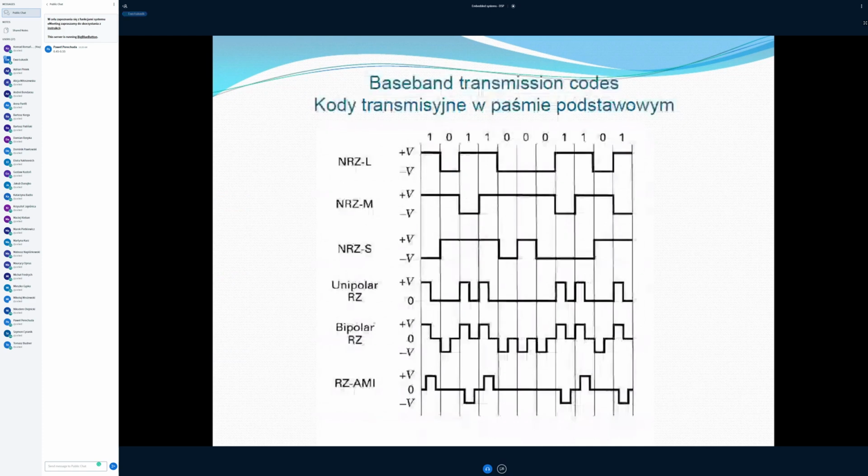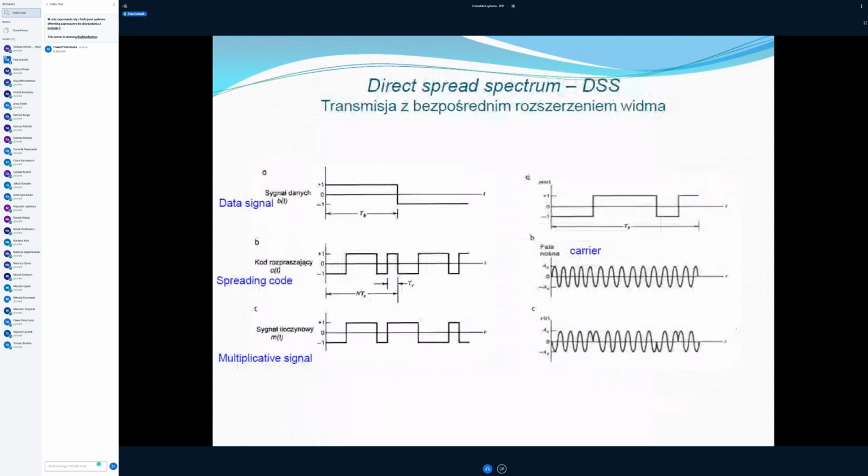Why? Now I will explain it. I will explain it on a very easy example, but in reality, it is much more complicated. Imagine that this is our data. We have 1 and we have 0, and we have a bipolar representation of data.